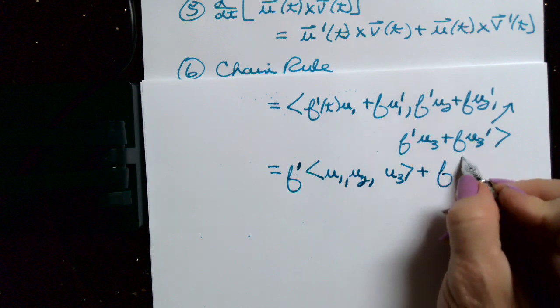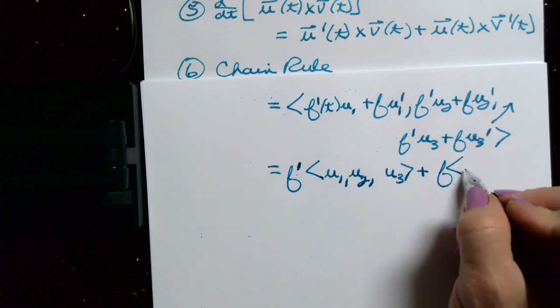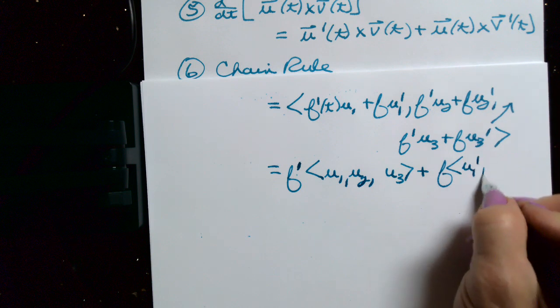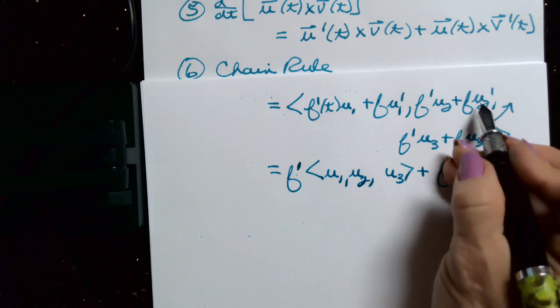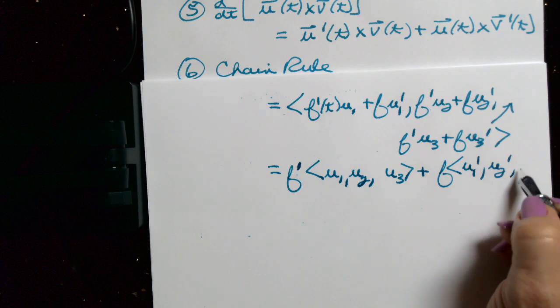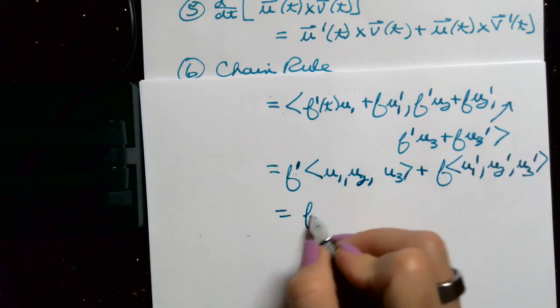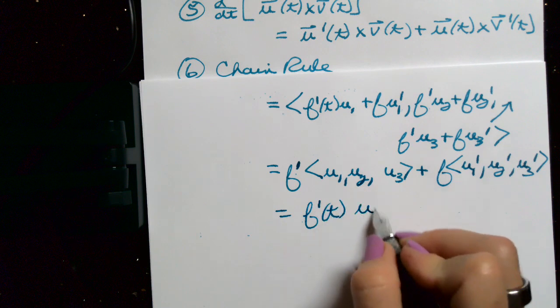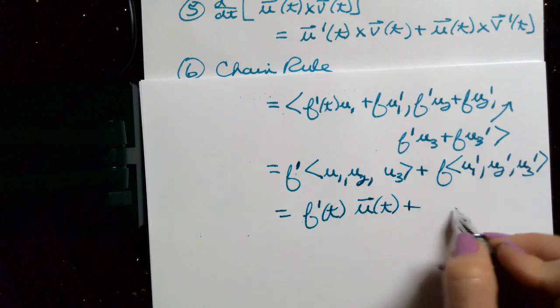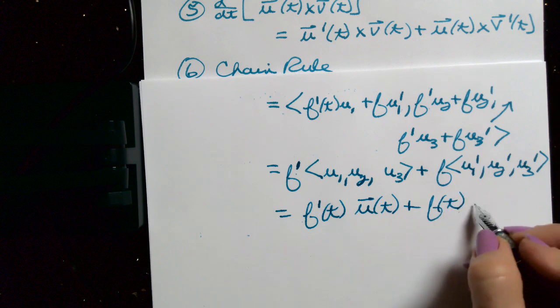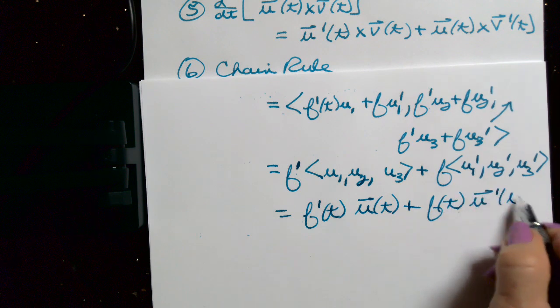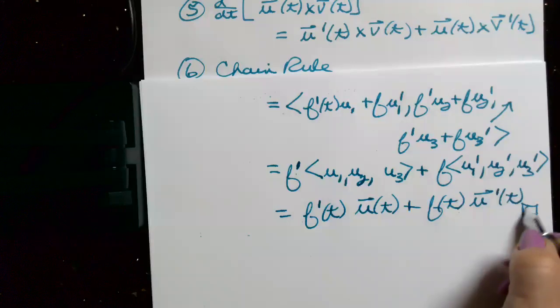If I factor out the common factor of f, that will be f times u1 prime, second component u2 prime, third component u3 prime. And then notice that is f prime of t times the vector u of t plus f of t times the vector u prime of t. So that's all you had to show.